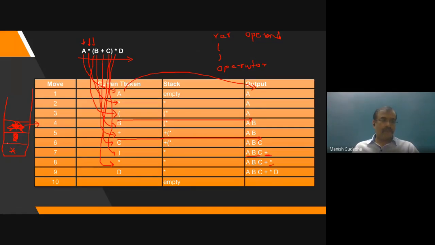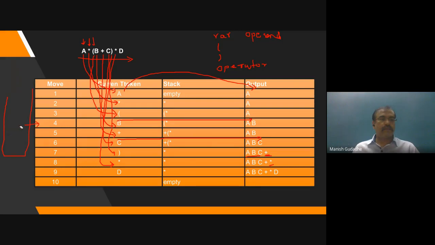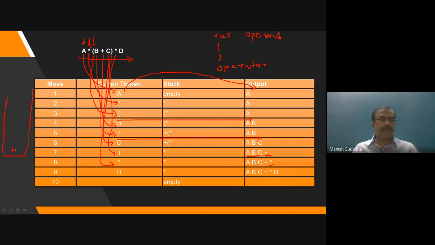So this is also not there now. You are actually at this position, the stack has become empty. What is this asterisk symbol? This asterisk symbol is the first operator which we pushed. Now push the newly coming operator on the stack. Then D comes.